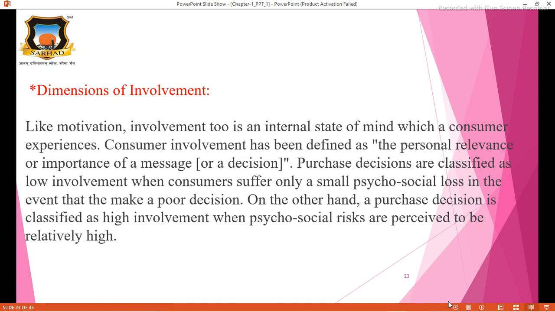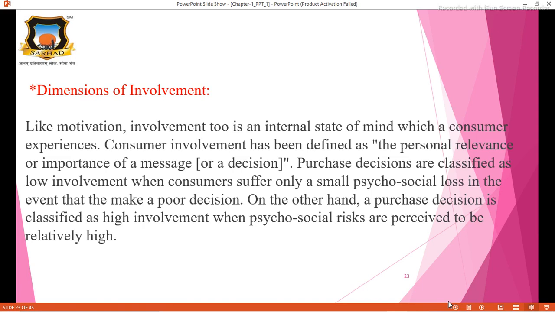Purchase decisions are classified as low involvement when consumers suffer only a small psychosocial loss in the event that they make a poor decision.